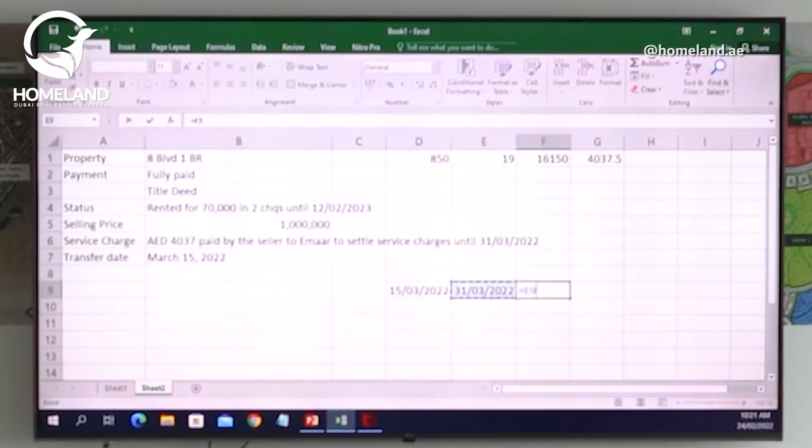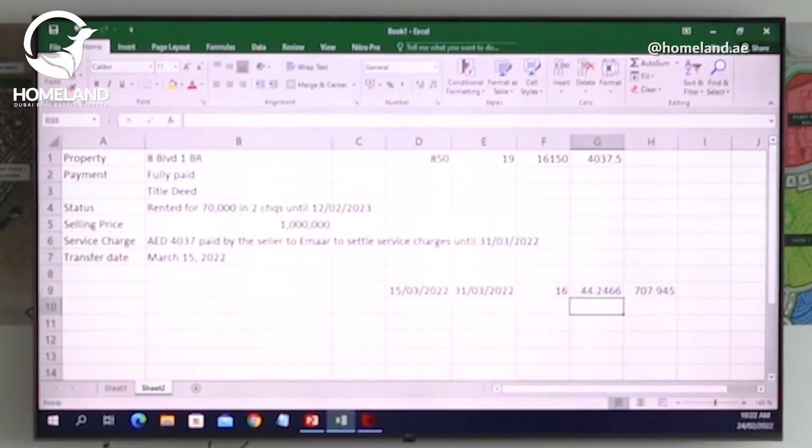So this is how many days? 16 days. And your service charge is how much? That divided by 365. Your service charge is how much daily? 44 dirham daily. So this will be how many days? 44 times 16. 700. Okay.